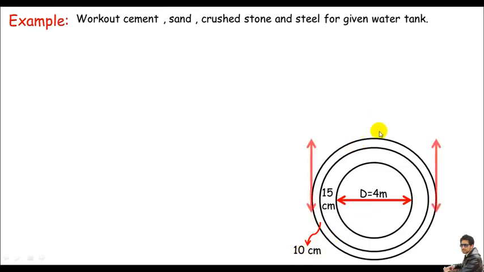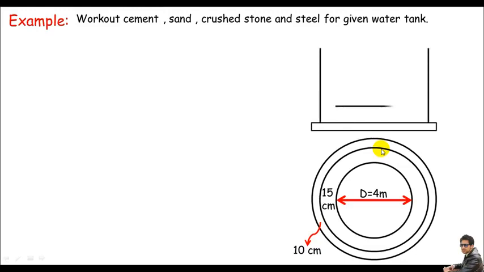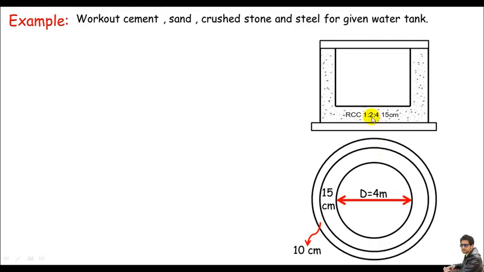This is the base and wall with base. This is the slab. This is RCC 1:2:4 with 15 centimeter thickness, and this is PCC of 1:2:4, and the slab is also RCC 1:2:4 with 10 centimeter thickness.